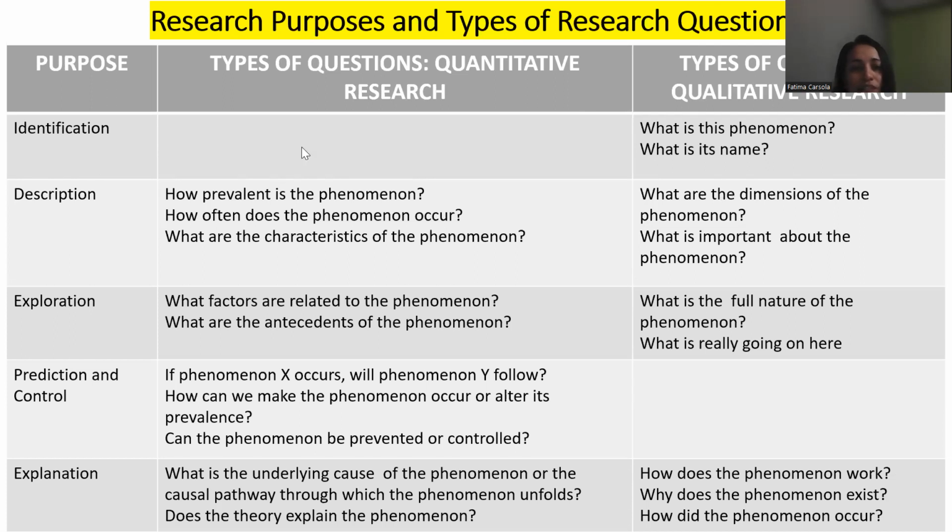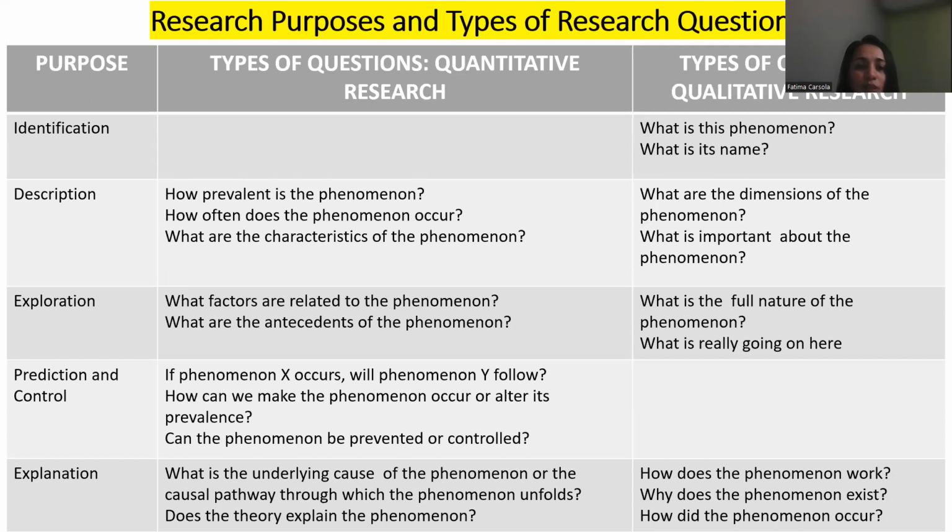For quantitative research, the type of question is from a questionnaire. But for qualitative research, you will be asking about the phenomenon and what the name of the phenomenon is. For example, you will be after the lived experiences of nursing students in their first time in the clinical area. So that could be the phenomenon, their first time in the clinical area.